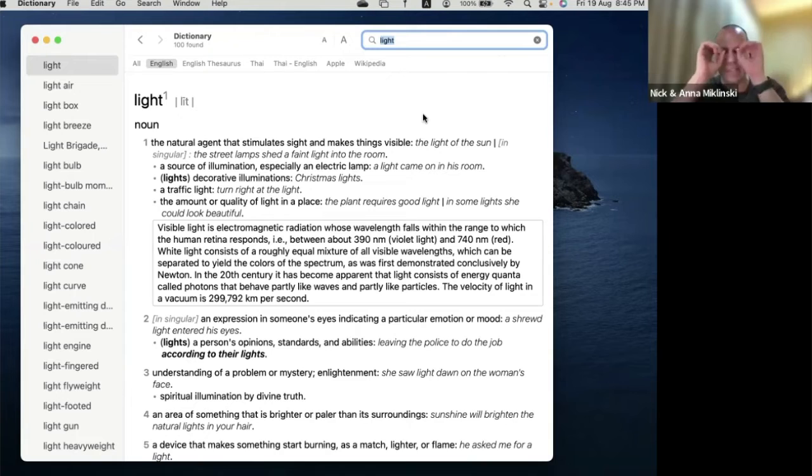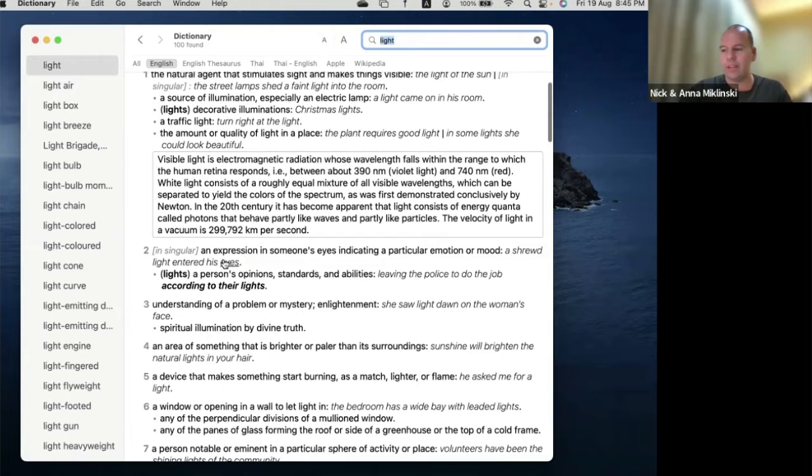So this is related to seeing. The second one says expression in someone's eyes of emotion or mood. So this meaning of the word light is different, right? It's a different meaning for the word.